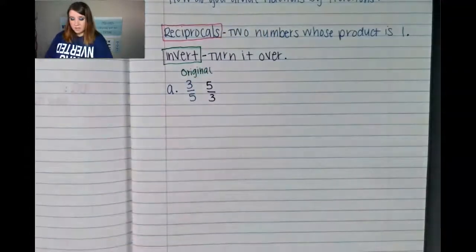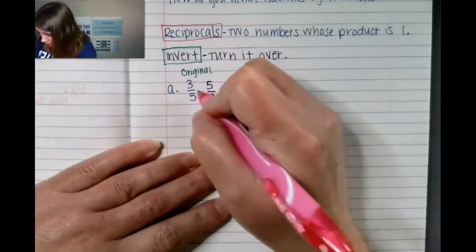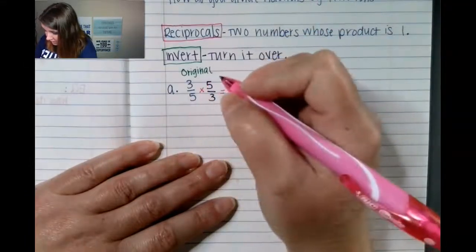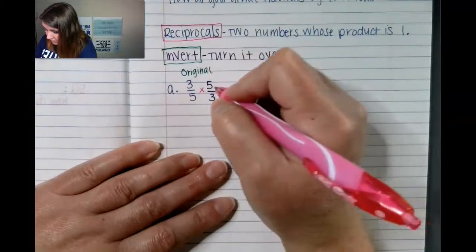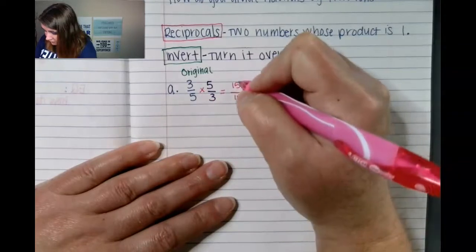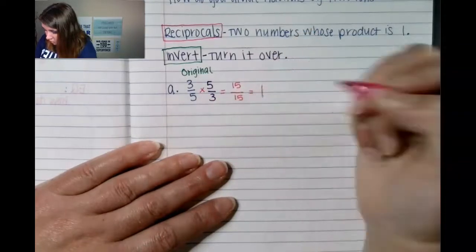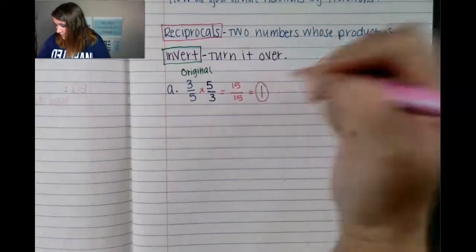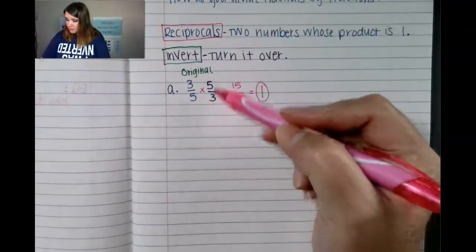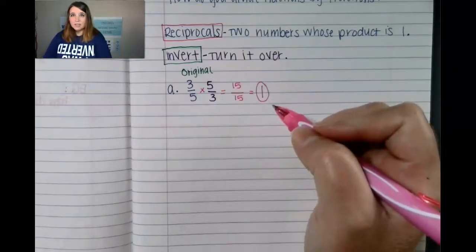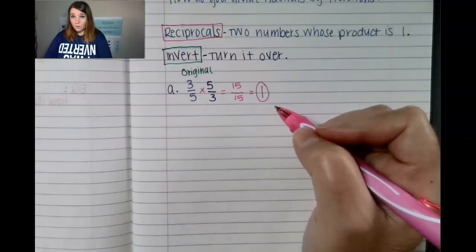So there's my inverted number, and now I can find the reciprocal. I'm going to multiply these. 3 times 5 is 15, and 5 times 3 is 15. And 15 over 15 gives me 1 whole. So what does this mean? When I invert my original number, I find the reciprocal, and the product is 1 whole.